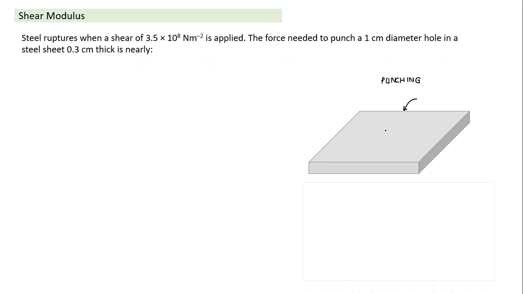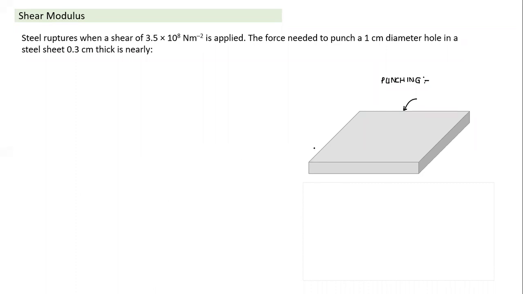And how does a punching machine work? It makes a circular hole all through the cross section of the piece of paper. Similarly, we need to find out, you also need a punching force. And some of you have noticed with a punching machine, if you have 10 sheets of paper, you need a certain force. But if at a time you want to punch the whole 30 sheets of paper, you need to apply a greater force.